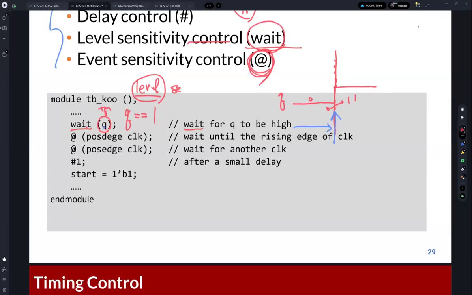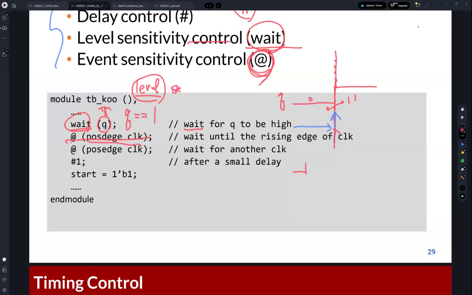But what does that mean? In the timing control, it represents waiting for this event. This means at this time Q becomes true, and then we also monitor the clock signal.